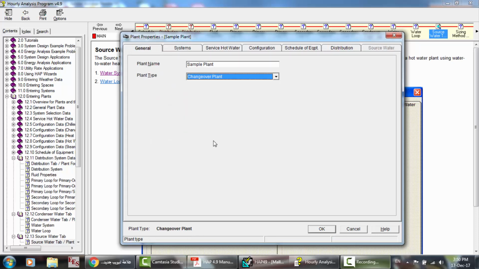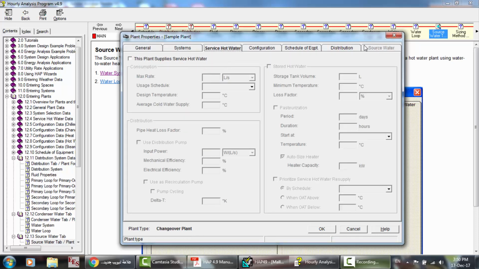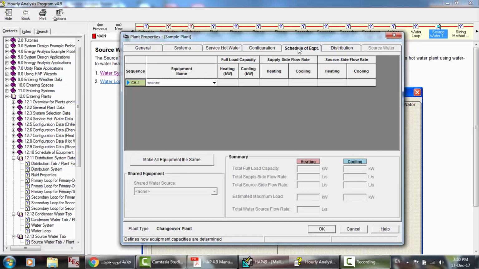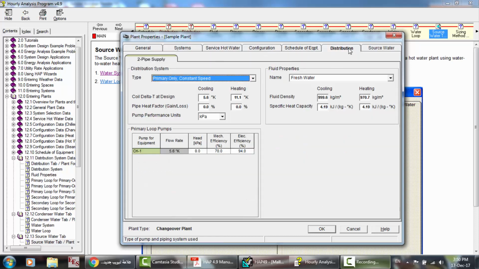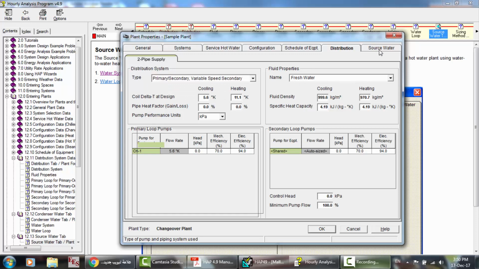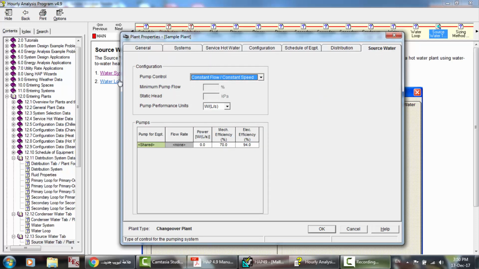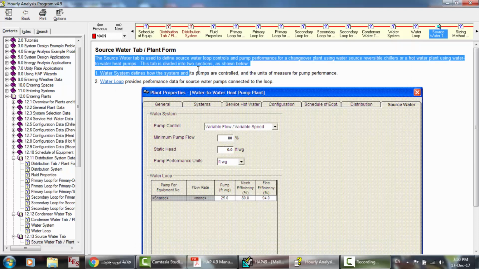Okay, for the changeover plant, actually you have source water with the configuration, schedule. Also you have this distribution. Okay, and source water. The source water tab is used to define the source water loop for controls on pump performance for a changeover plant using water source reversible chillers or a hot water plant using water-to-water heat pumps.